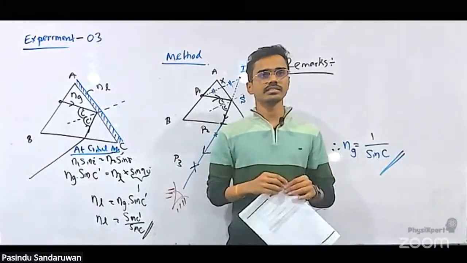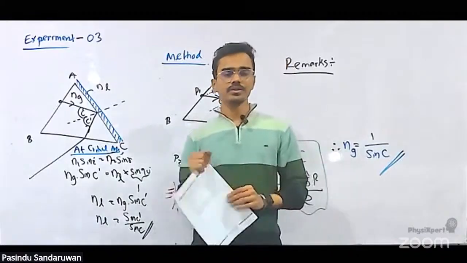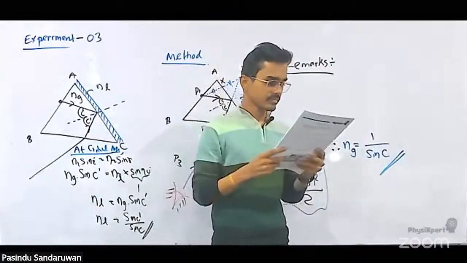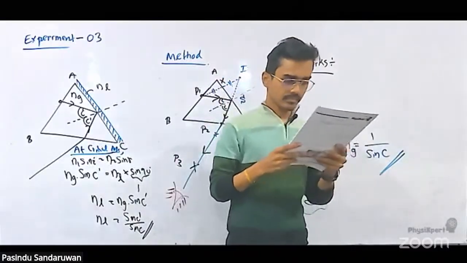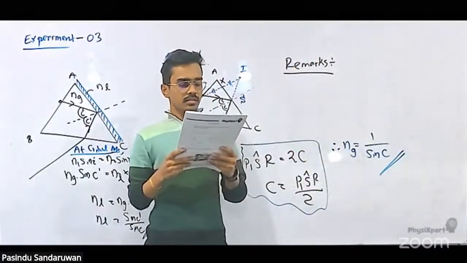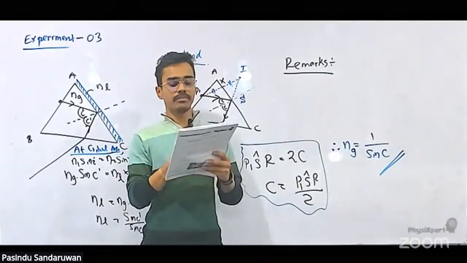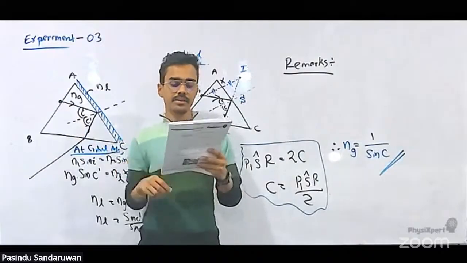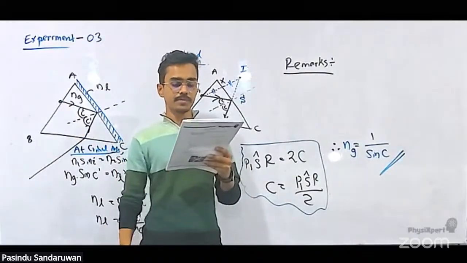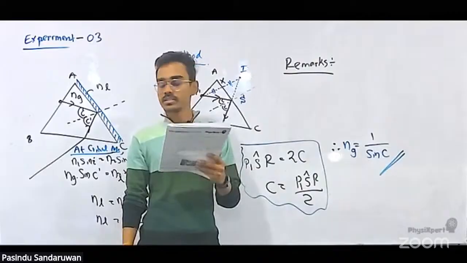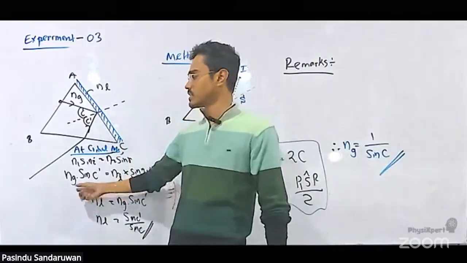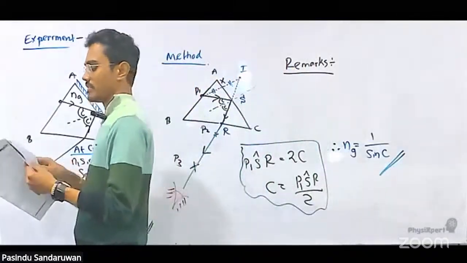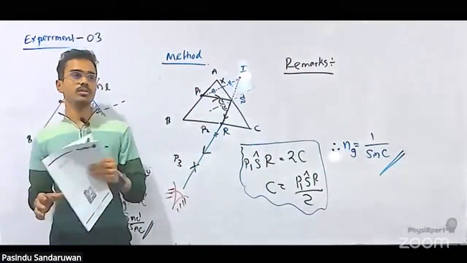So the extension needs to be included. The note says: by placing a wet microscope slide on face AC and trapping a water layer, it is possible to determine the critical angle of the water-glass interface. Confine means trapping a water layer. That is what I have explained here, so that's the end of experiment 3 also.